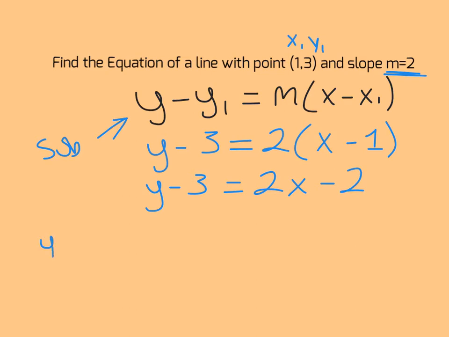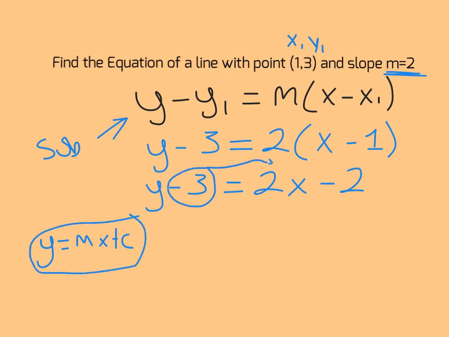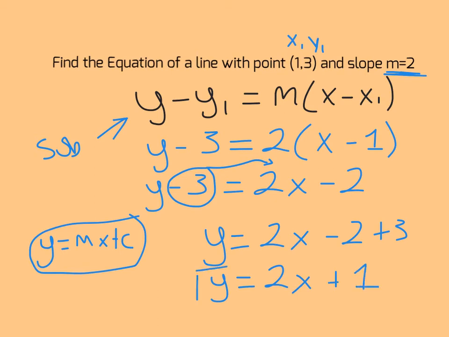And then let's put it in the form y equals mx plus c. I'm just going to bring my minus 3 across, and I get y equals 2x minus 2 plus 3. y equals 2x plus 1. And that's my final answer.